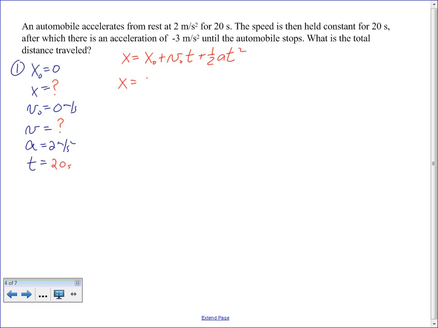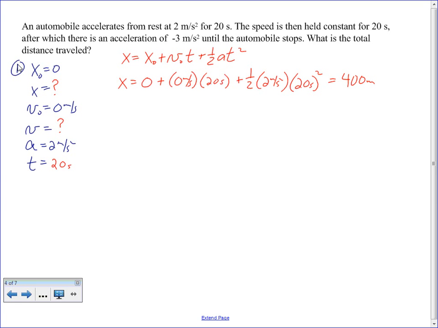So our initial position is 0. The initial velocity was 0 meters per second times 20 seconds, plus 1/2 times 2 meters per second squared times 20 squared. And this gives that the car travels 400 meters in that first segment.